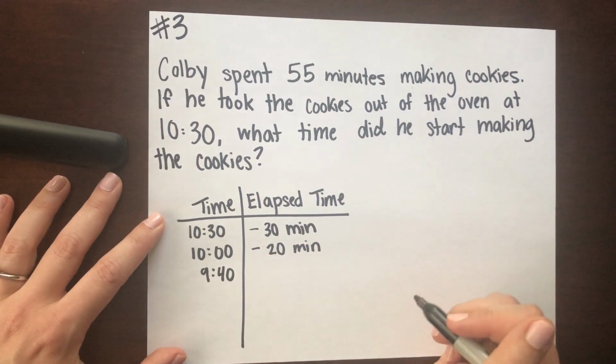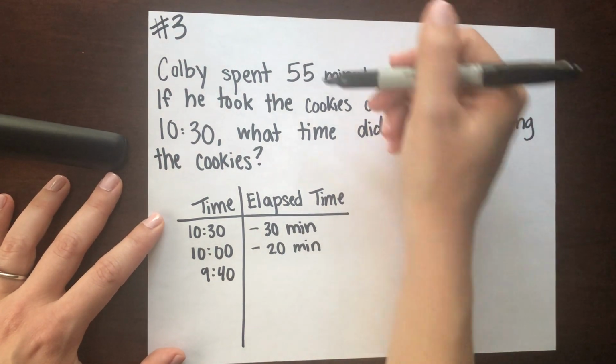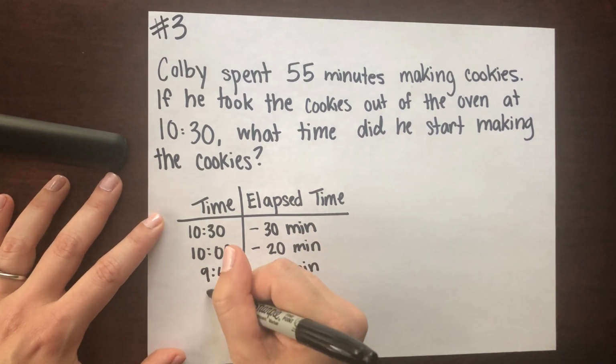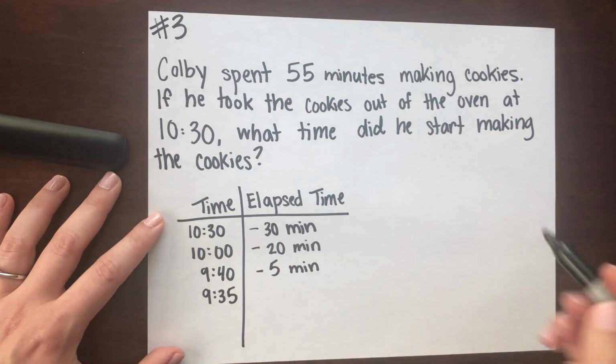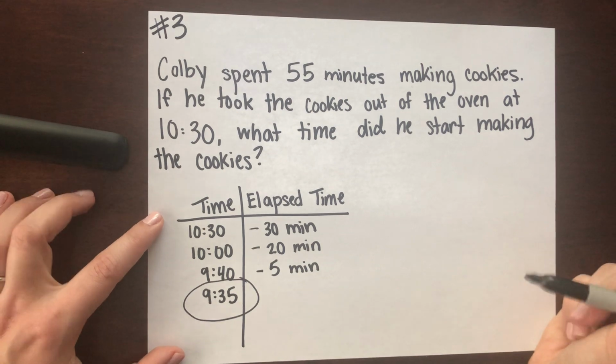The last thing I'm going to do, since I have 50 minutes here, is take away 5 minutes. 5 minutes before 9:40 is 9:35. So that is when he started making cookies.